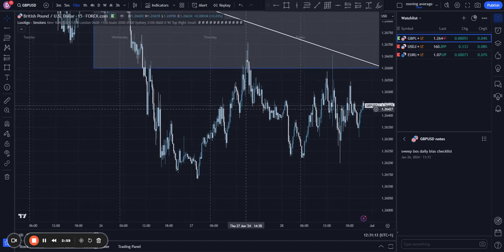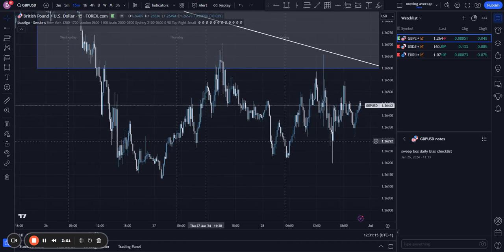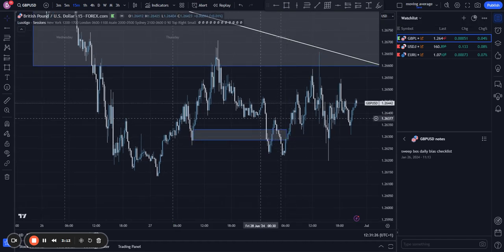So imbalance. An imbalance is basically like this, where there's no space, like there hasn't been a wick invalidating the candle, and this still needs hit. So that right there, that imbalance gets taken. This is easy stuff. Imbalance here.